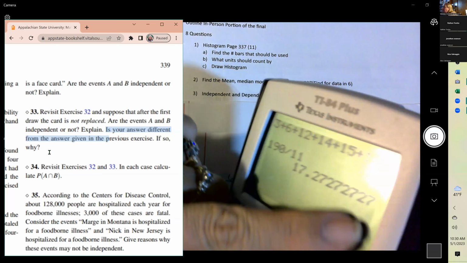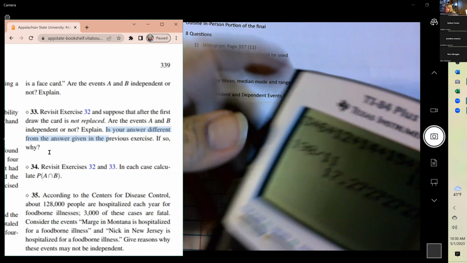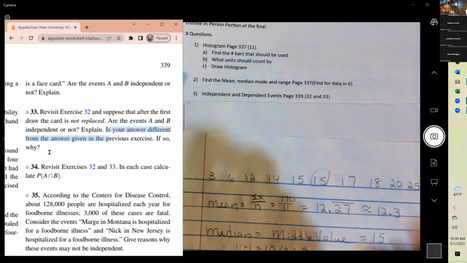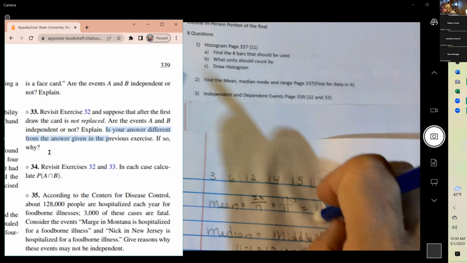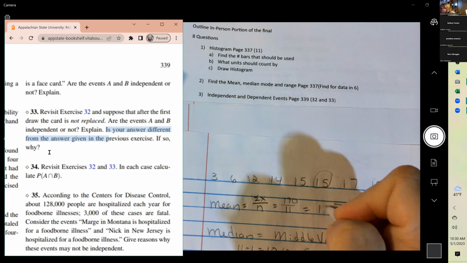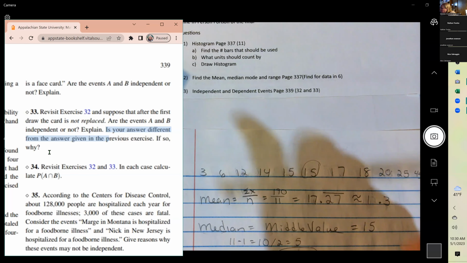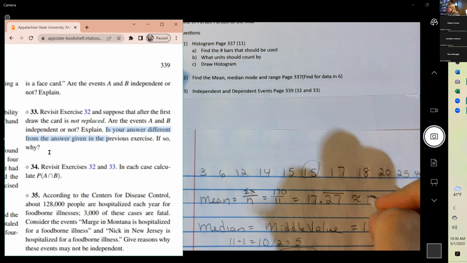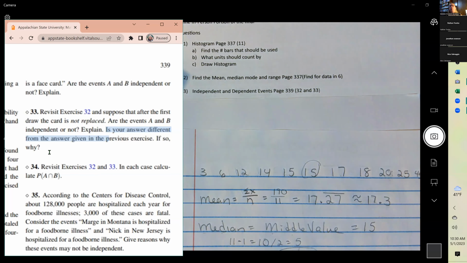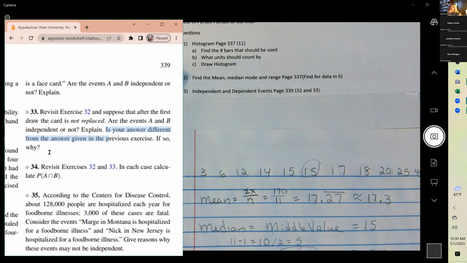I saw the 27s, I think. This should be a 7. So then 17, thank you.